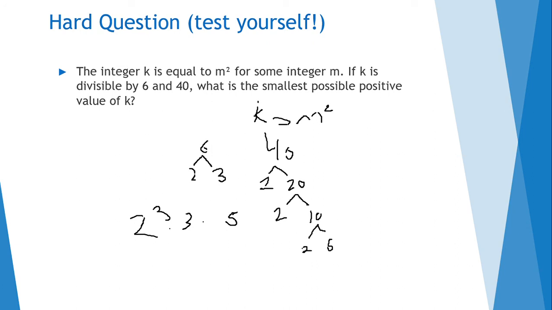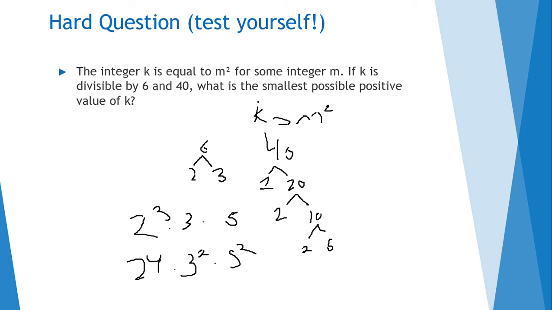It's a small trick that you can learn. So instead of 2 to the power of 3, we're going to have 2 to the power of 4. We have then 3 to the power of 2, and we have 5 to the power of 2. And when we multiply all this together, we'll actually get what k would be equal to, the smallest possible positive value of something that is divisible by 6 and 40.